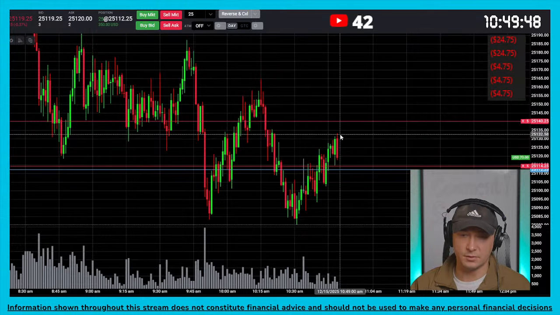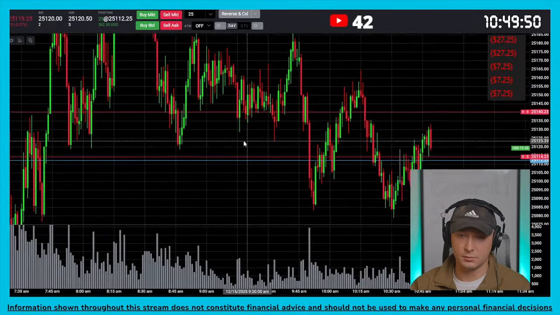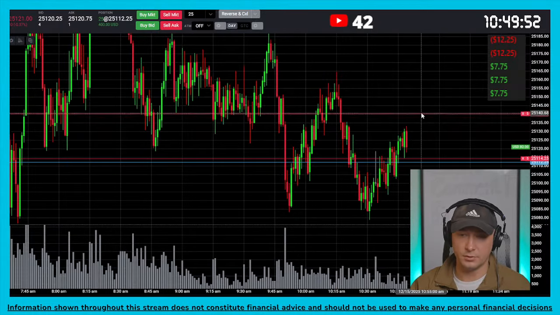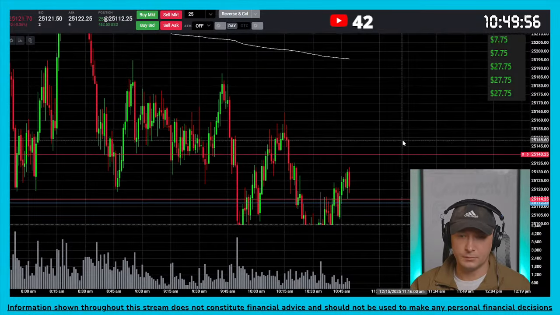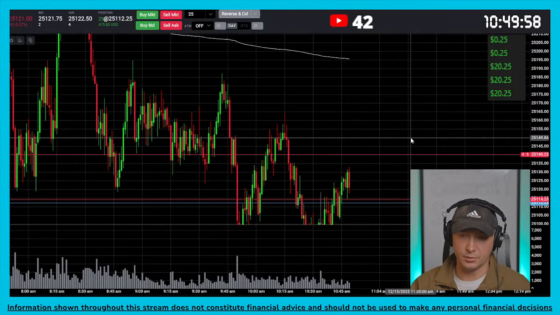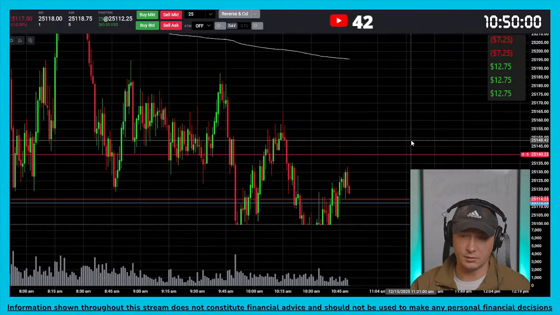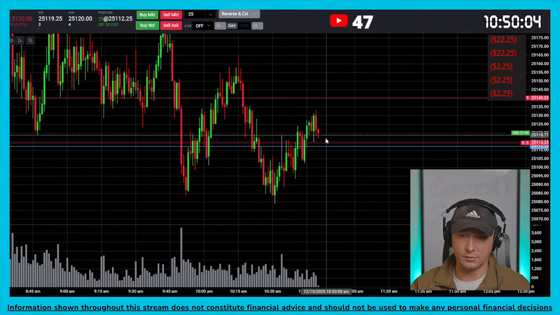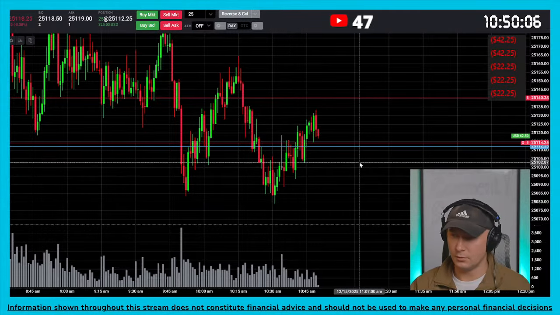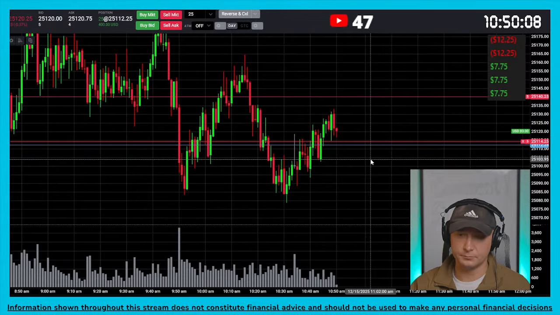This is a level that I was assuming would reject. I think it punches through just a little bit more at least. I think it could potentially punch through to 25,150, but I'm not taking that. Let's see. I'm trailing my stop pretty close though too. I'm using the 1-minute chart.